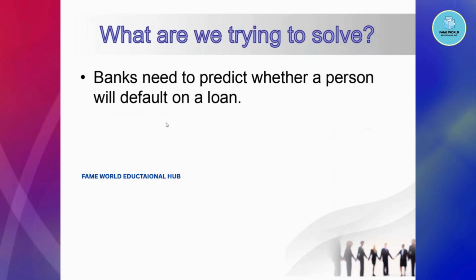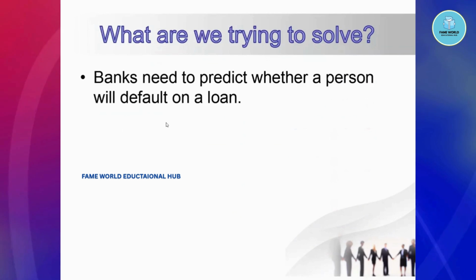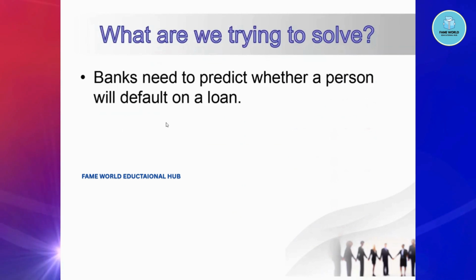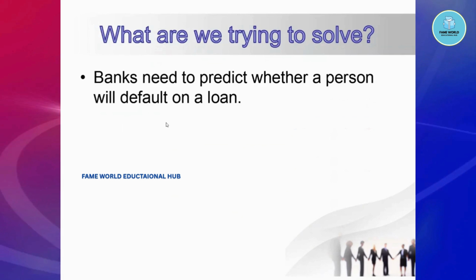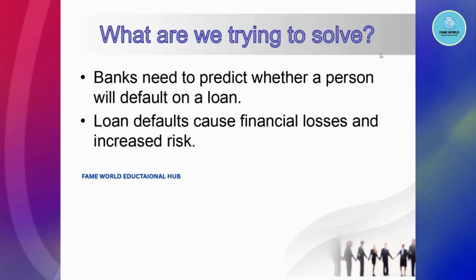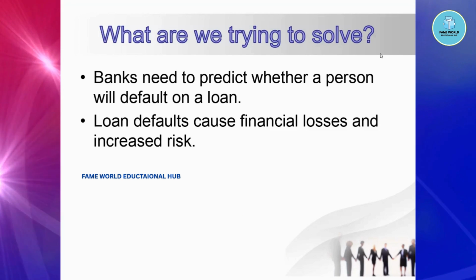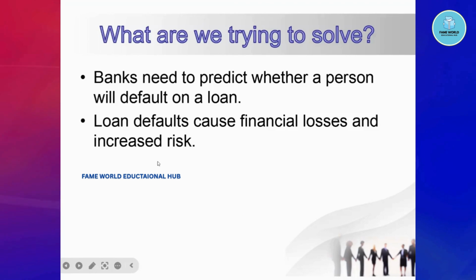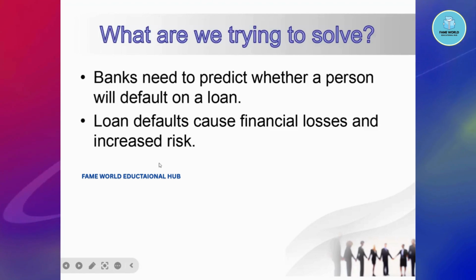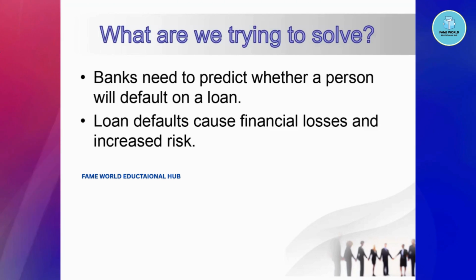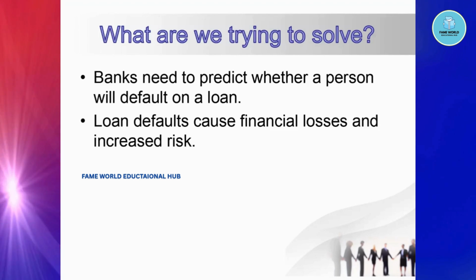Let's start by understanding the core problem. Banks give loans and they are essentially trusting that the borrower will return the money with interest. But what if they don't? That's called a loan default, and it's a major problem in the banking sector. Banks are always looking for ways to reduce bad loans, also known as non performing assets or NPAs.